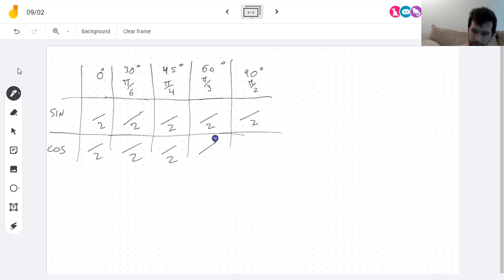And then the numerator is in order √0, √1, √2, √3, √4. Of course, √4 over 2 is 1, √0 over 2 is 0. And the cosine is the same sequence in the opposite order: 4, 3, 2, 1, and 0.